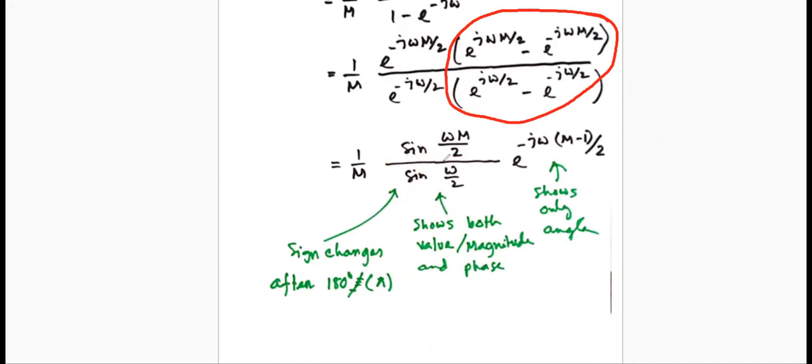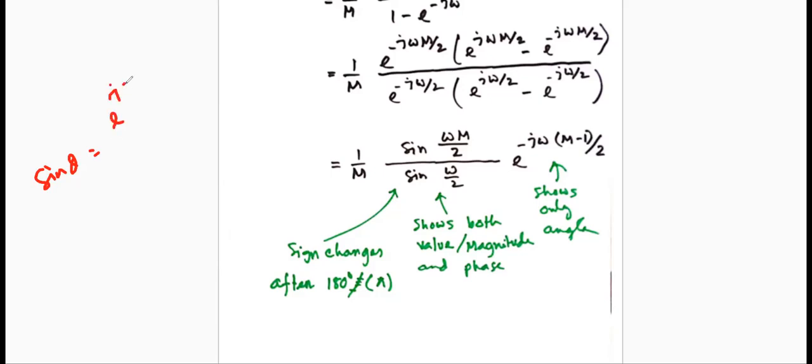So you know the equation according to Euler's formula, sine theta is equal to e to the power j theta minus e to the power minus j theta divided by twice j. So this is the formula.